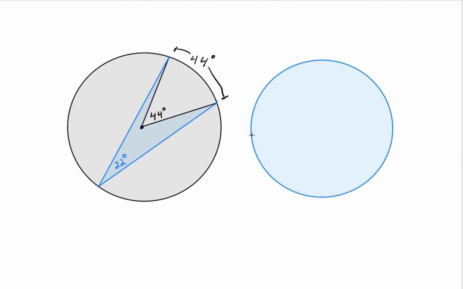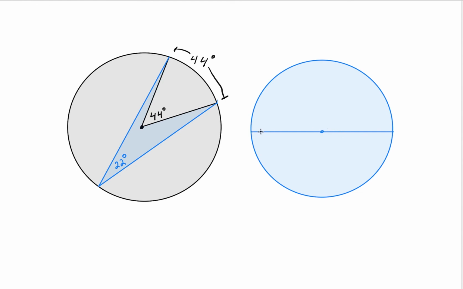What that means is we have a diameter. That's what an arc of 180 is going to be, because it's going to go through the center of your circle. That's going to be the diameter. When you have two radii that line up, that is your diameter.